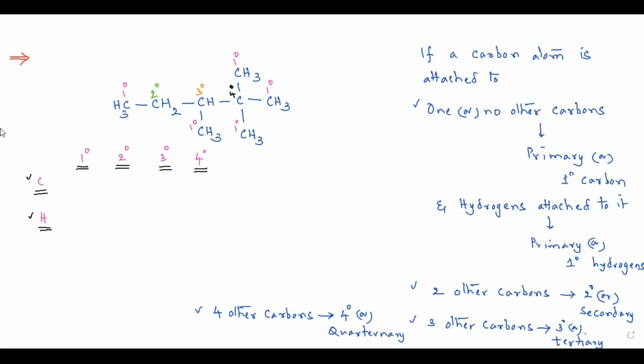I can actually see 5 1-degree carbons. Then to all the primary carbons, 3 hydrogens are attached. So overall 5 into 3, there are 15 1-degree hydrogens.